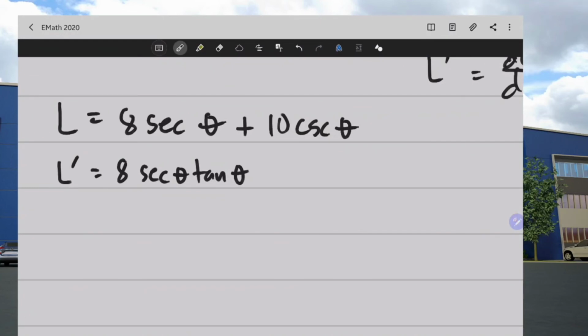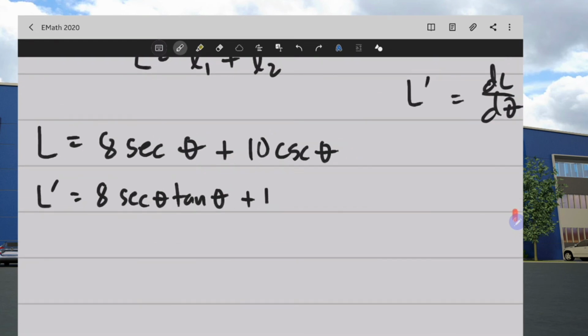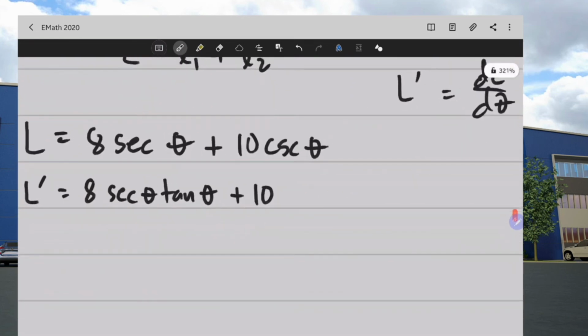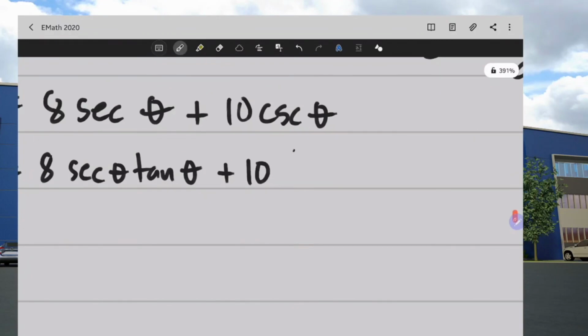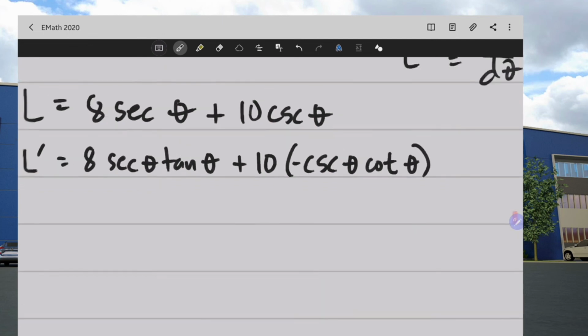Okay, so dapat memorize na to by now. Plus the derivative of 10 cosecant theta is just copy the constant, then derivative of cosecant theta, which is negative cosecant theta cotangent theta, times d theta over d theta, which is just equal to 1.